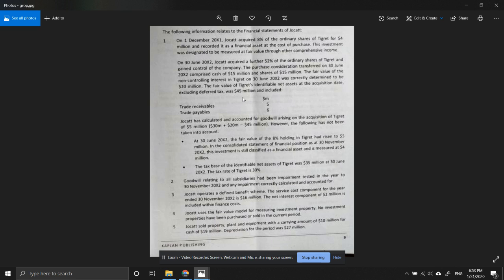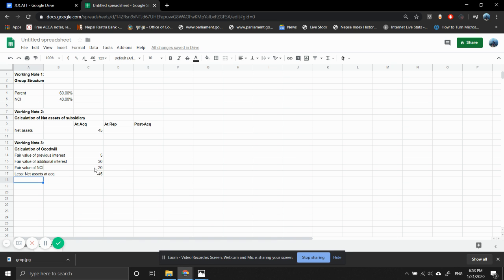So there will be a tax on the additional 45 minus 35. So deferred tax is 10 into 30%, right?